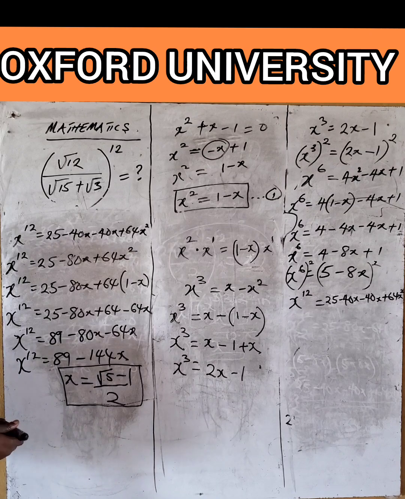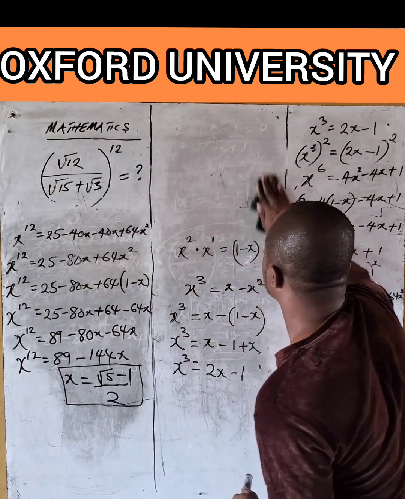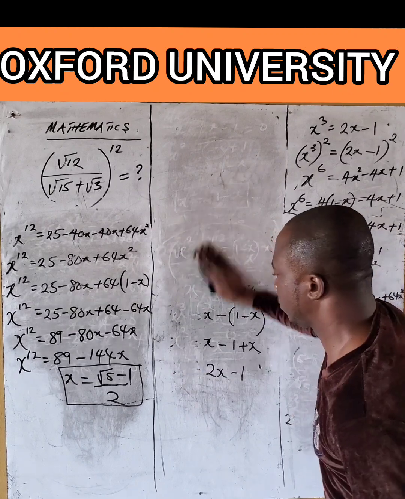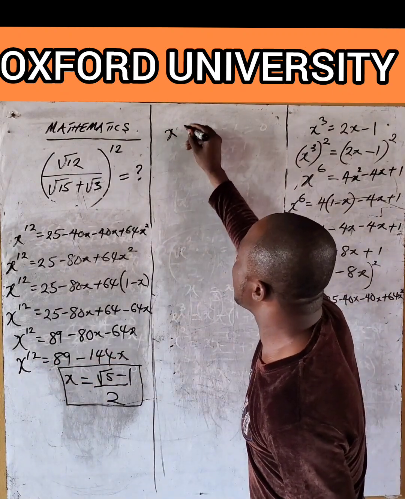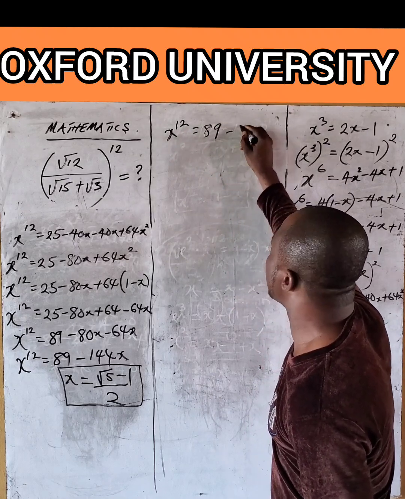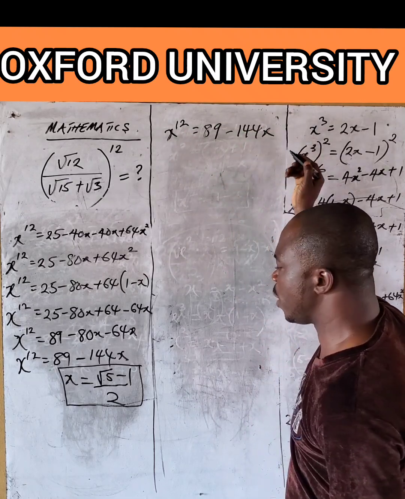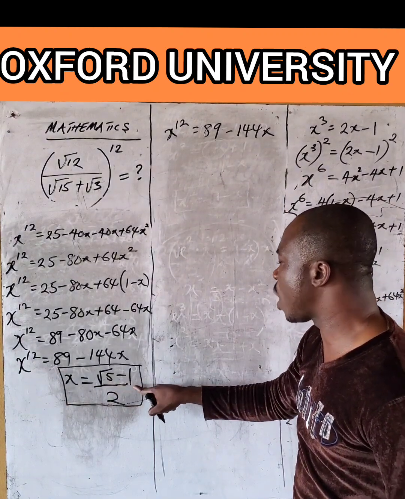If this is true, then permit me to make use of this board. It then means that our equation, x raised to the power 12, which is equal to 89 minus 144x, will be, remember that our x is root 5 minus 1 all over 2.